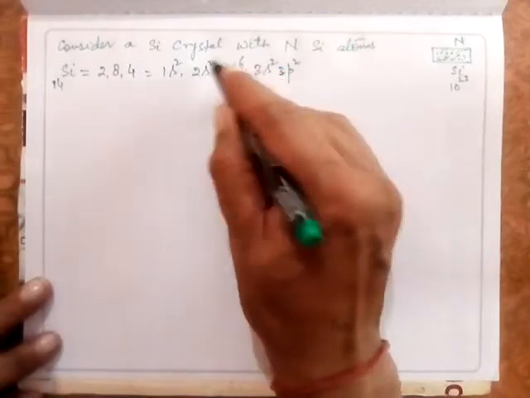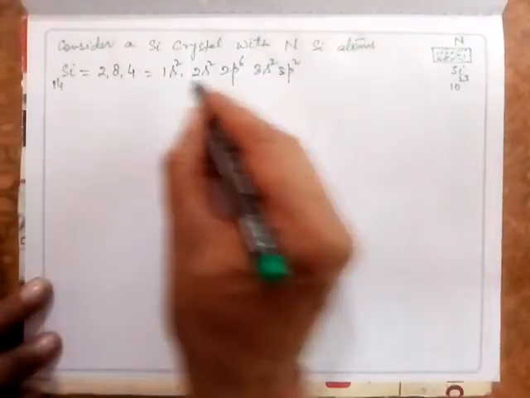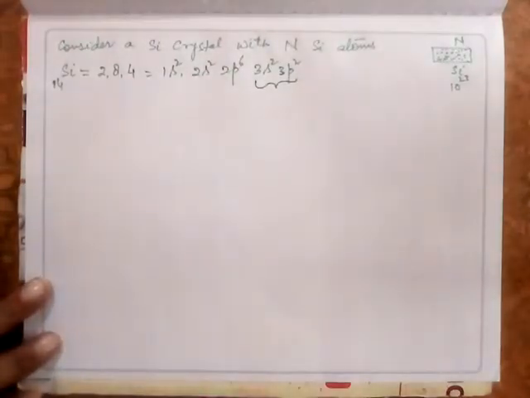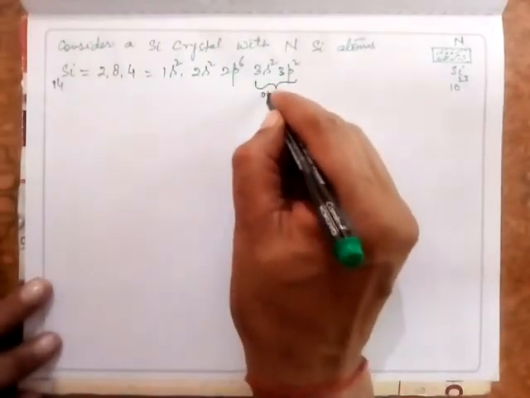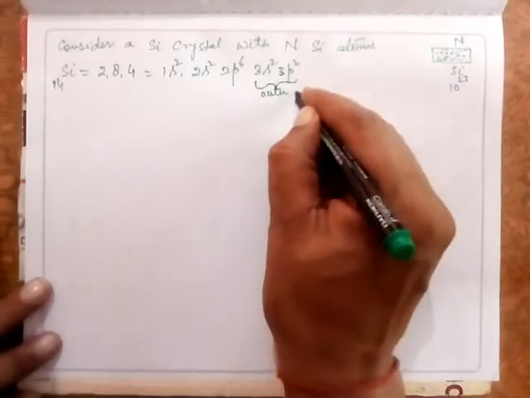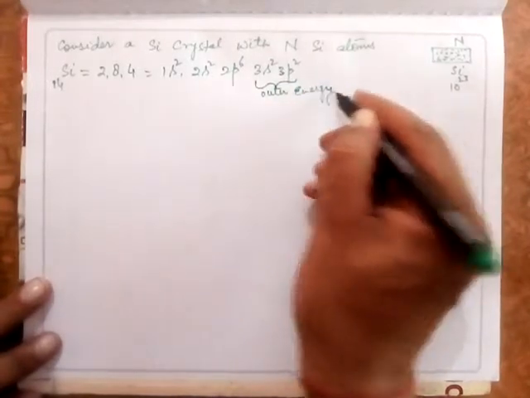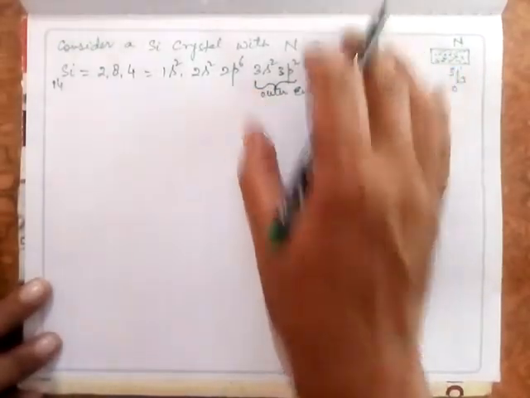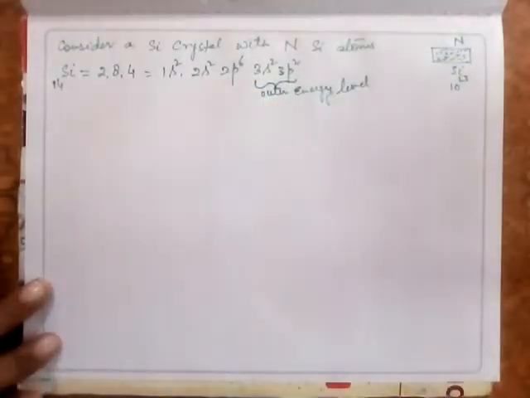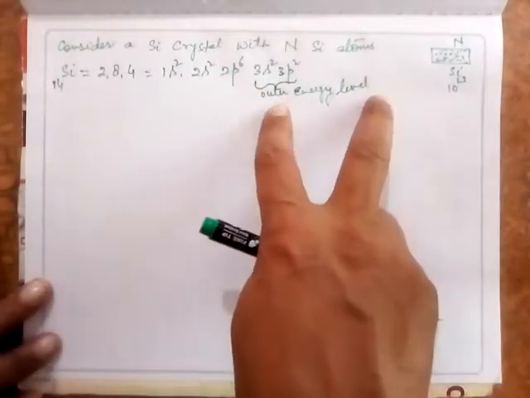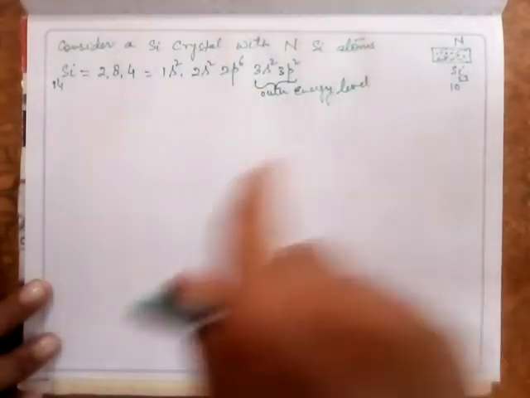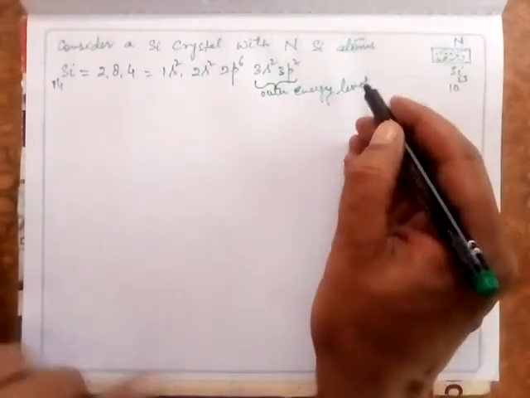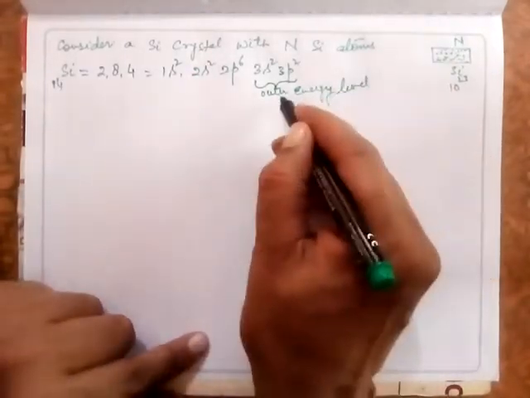So this is the electronic configuration, and we are mainly interested in this outer energy level. The most affected are the outer electrons only, so we will discuss the outer energy level only, that is the outermost shell of an atom, or accordingly of a crystal also. So this is your outer energy level.